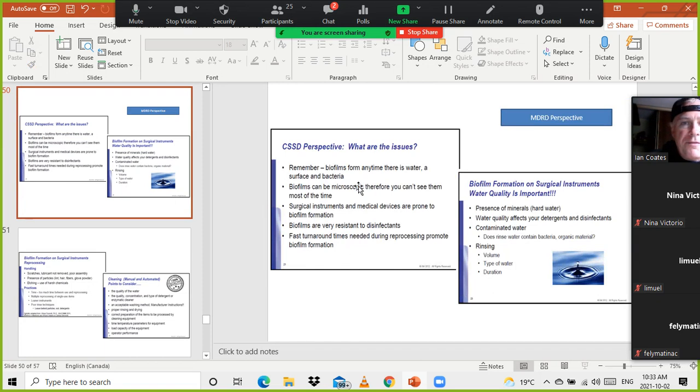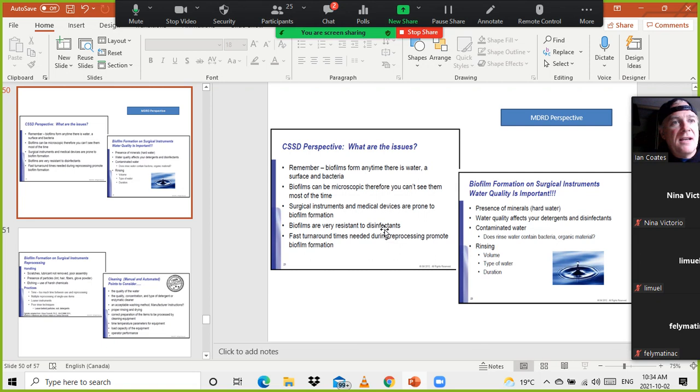Remember, biofilms form anywhere there's water. Biofilms can be microscopic, therefore you can't even see them. Surgical instruments and medical devices are prone to biofilm formation. That's why we put them through an autoclave, medical device reprocessing. Biofilms are very resistant to disinfectants. You've got a lot of proteins and sugars and fats in there.